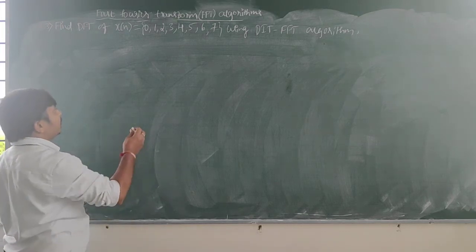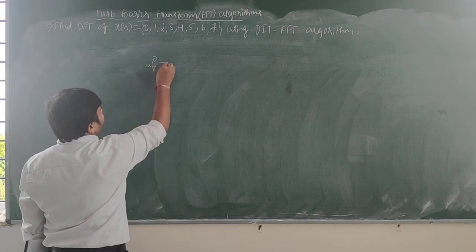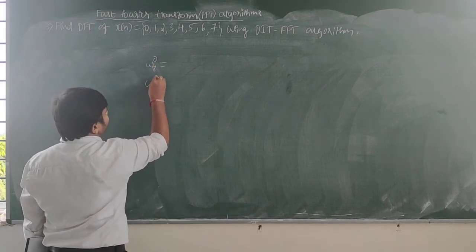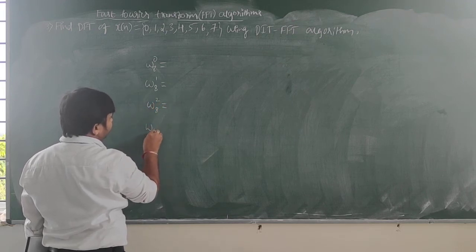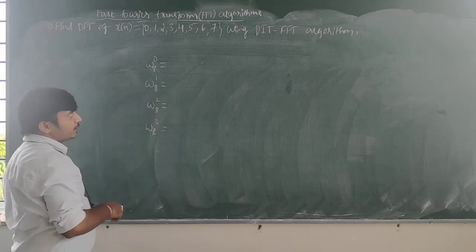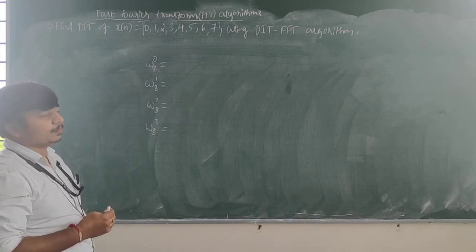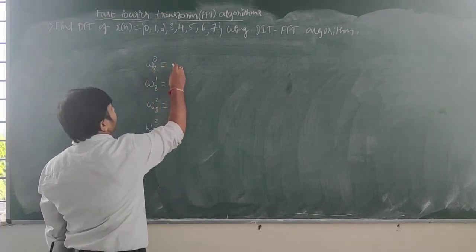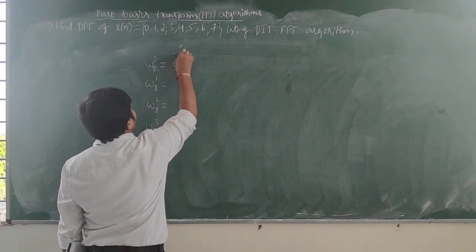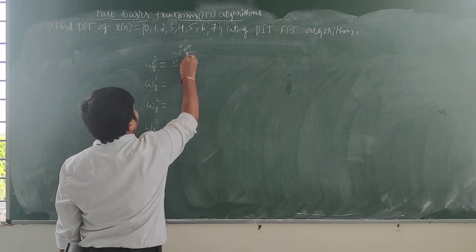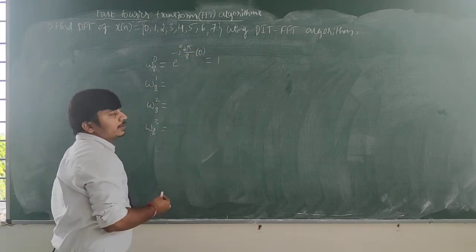Okay. So before that, here I need to find the values of W8 power 0, W8 power 1, W8 power 2, W8 power 3. If I know these values earlier, it will be easier to substitute in the problem. Okay. So W8 power 0 is e power minus j 2 pi by n, n is 8, into 0. So this value becomes 1. Okay.